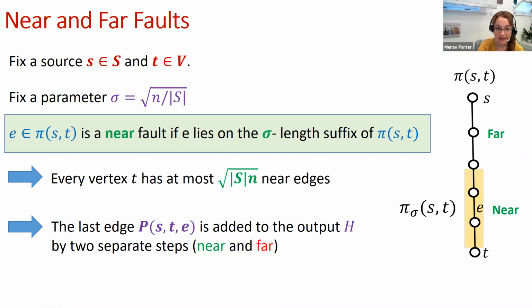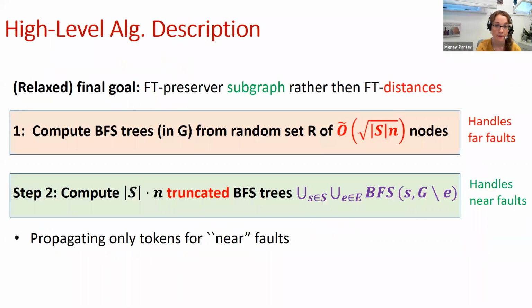And now our strategy is to have two procedures for adding the last edge of the PSTE path for every S, T and E. But these two procedures will depend on whether or not the edge E is near T or far from T. So here is the high-level description.